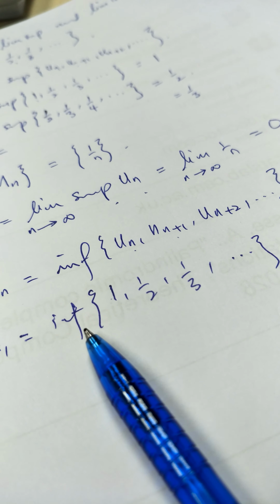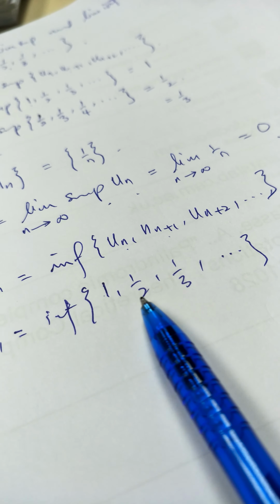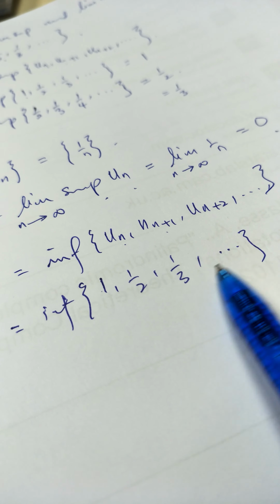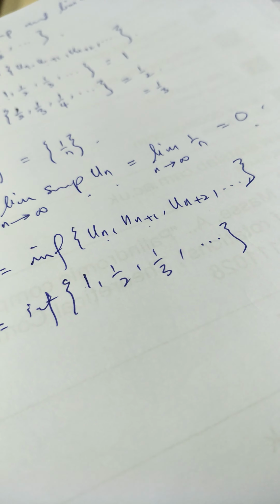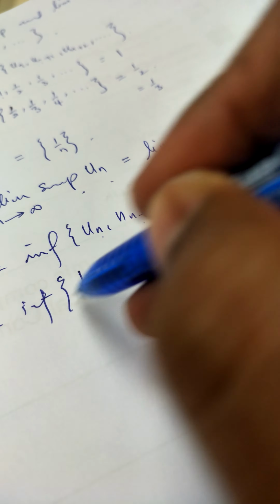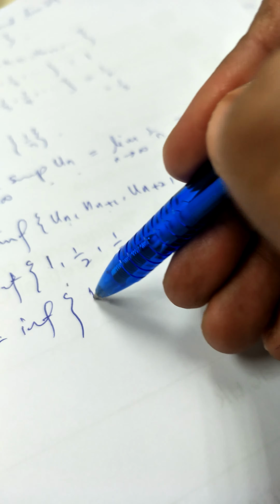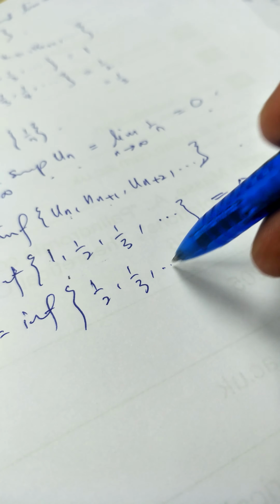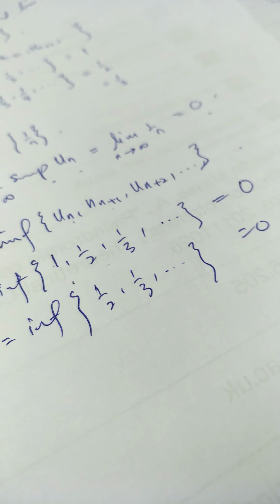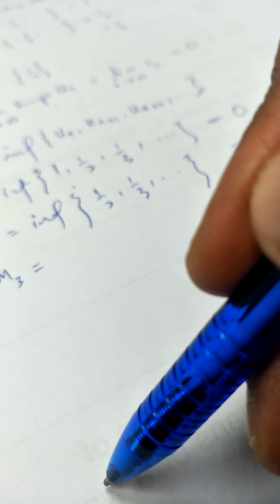Okay. Infimum is the greatest lower bound. So you can see this goes to 0, right? It goes to 0, but not quite 0, but it goes to 0. So the infimum of that sequence is 0. Then m2, which is the infimum of u2, 1 over 2, 1 over 3, and so on, is also 0. If you choose m3, you also have 0, and up to m_n you go to 0.